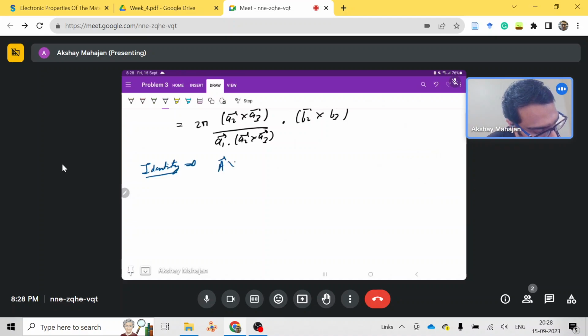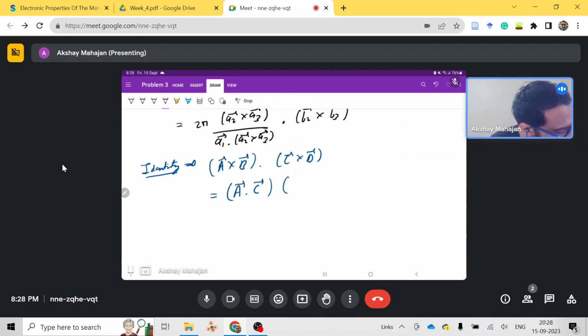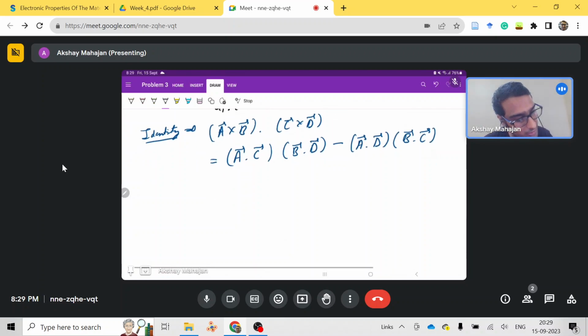It is a vector cross b vector dot c vector cross d vector, which is given by a vector dot c vector times b vector dot d vector minus a vector dot d vector times b vector dot c vector. So we are going to use this identity.